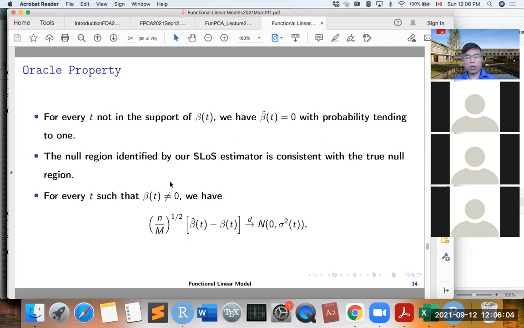So the null regions, the regions where beta t equals 0, will be consistently recovered by our estimator, called the SLoS estimator. And for each t where the true beta t is not equal to 0, we also have asymptotic normality for beta hat of t.